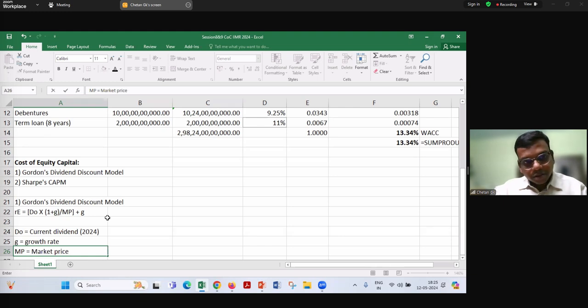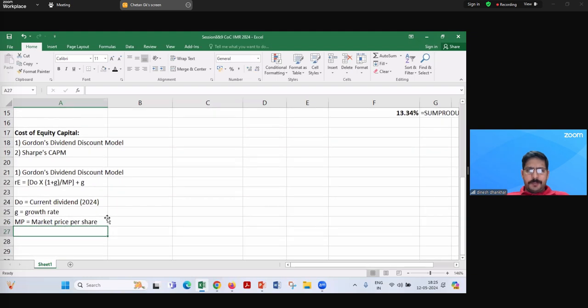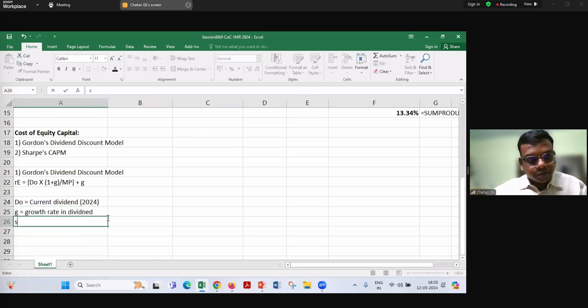Market price per share. So growth rate of what? For a dividend discount model, we normally assume the growth rate in dividends. So I'll write here: growth rate in dividends.